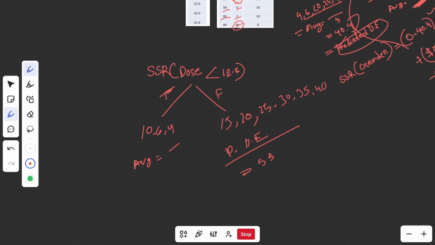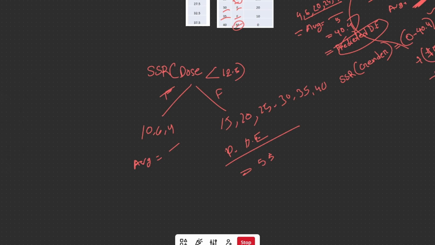Okay, let me do this. 10 plus 6 plus 4, 20 divided by 3. This will be 6.66.